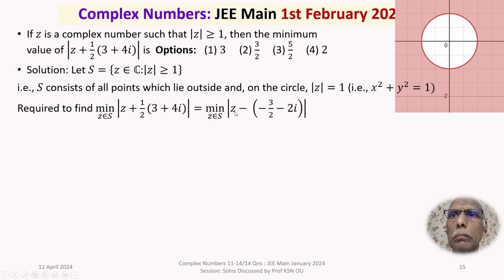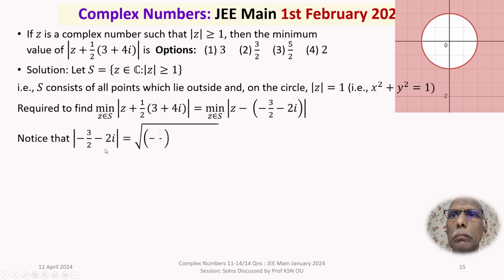The z is a variable point in S and minus 3 by 2 minus 2i is a fixed point, and mod of z minus this fixed point is the distance of this fixed point from the various points z belonging to S. Out of all those distances, you have to take the minimum. So that is the one.